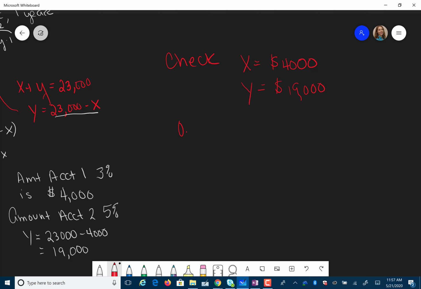So we'll just multiply them by the interest and see what that equals. Hopefully it equals what we originally were expecting. We check it out, use a calculator, and we get 1,070. And so that is what we were expecting.